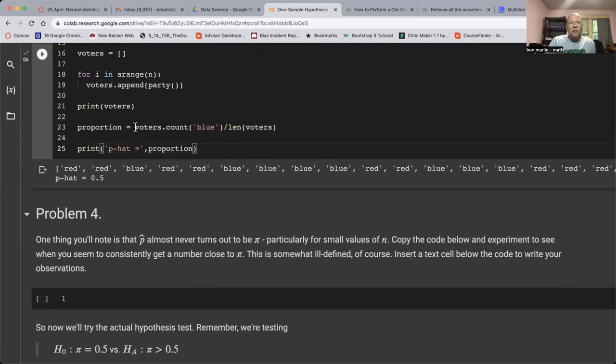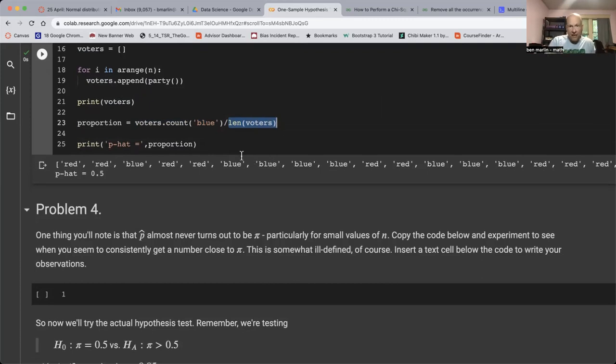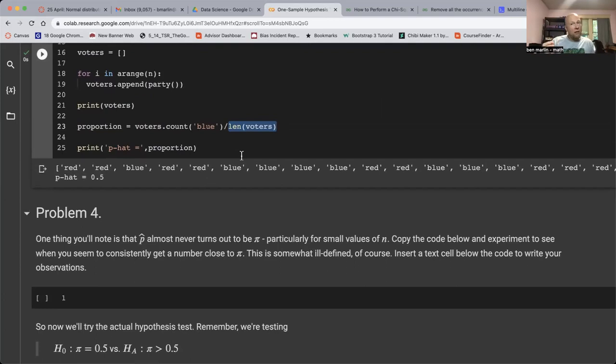Notice that the way I did that was to take the list called voters, count how many of them were blue, and divide by the length of voters, which says how many voters we had in there. So that's how I was getting my p hat. Remember, p hat is the approximation for pi. It is not the same as your p value.